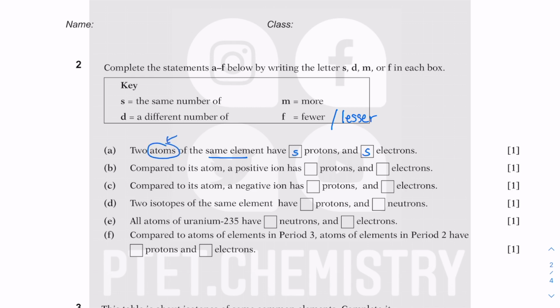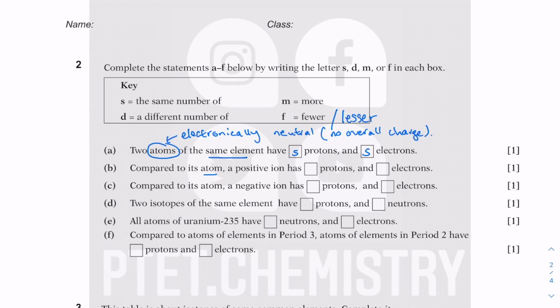they are atoms. So again, we are talking about electronically neutral, or you can use just the term no overall charge because we are talking about atoms. So if they have no overall charge, they must have the same number of protons and electrons, right?